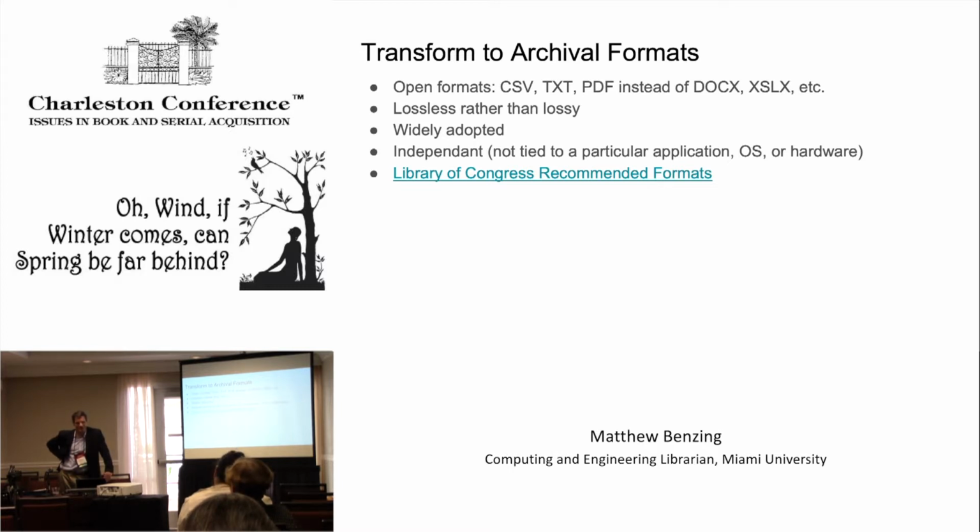It was supposed to be the archival format, but I think there's some issues with rights and things like that that have made it kind of difficult for it to have become that. So you're just making your best guess of what's going to be around for a while. And some things are CSV files, TXT files, PDFs. PDF is proprietary, but it's become such a standard, it's probably always going to be around.